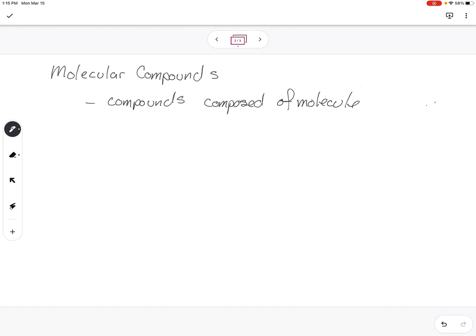And a molecule is just a group of neutral atoms that are joined by a covalent bond.